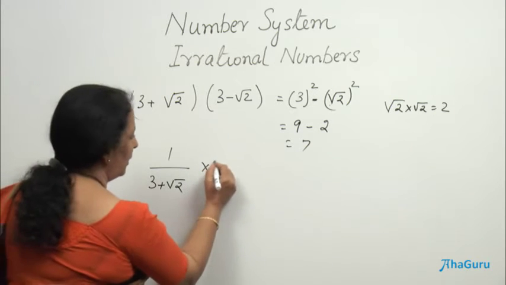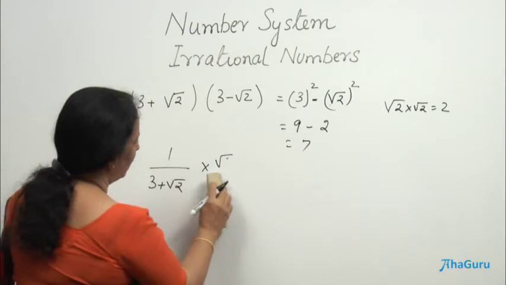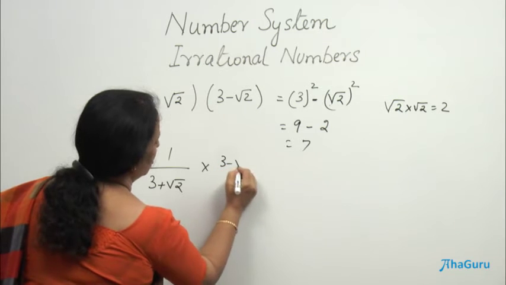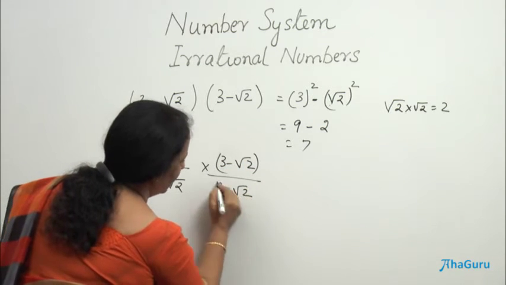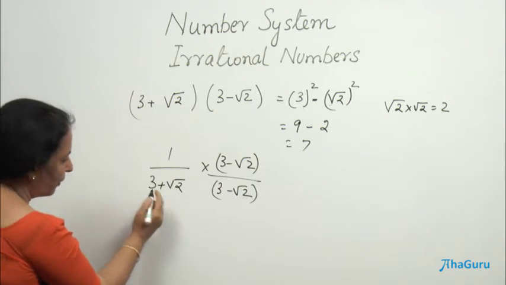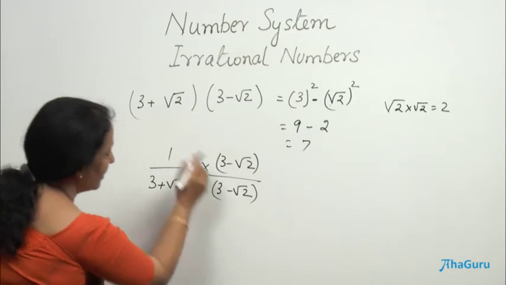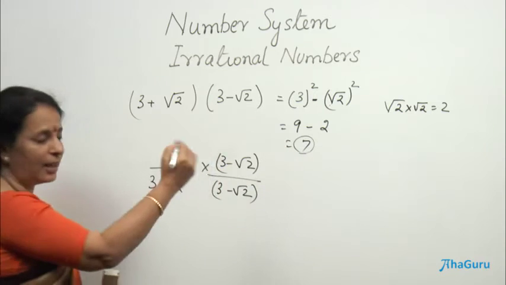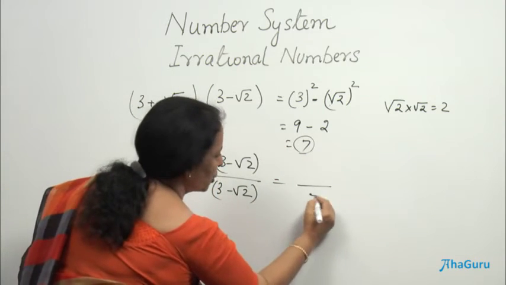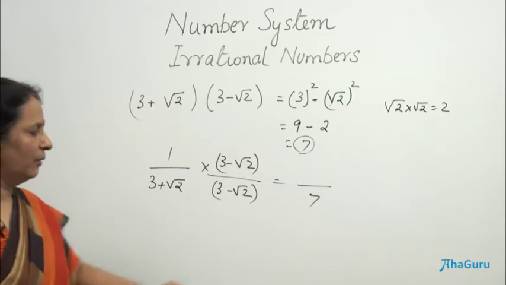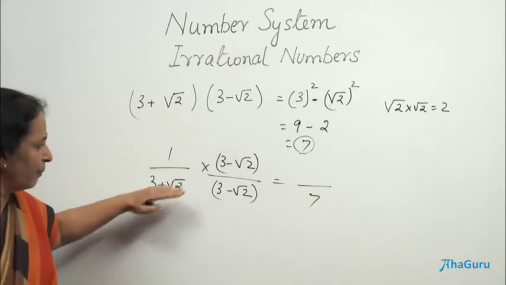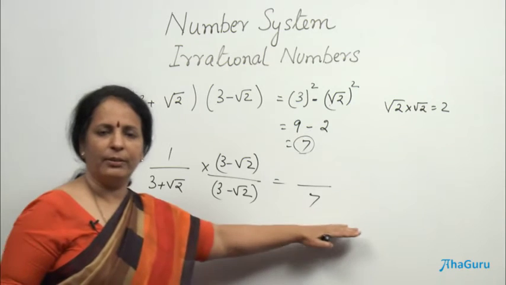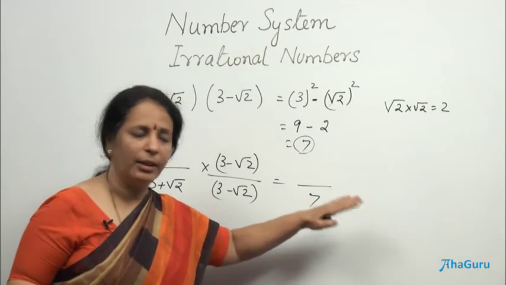So, I multiply the numerator, 3 minus root 2, and in the denominator also I multiply by 3 minus root 2. And I know very well, when I multiply this and this, the answer is 7. So, the denominator I am 100% sure is going to be 7, which has already been rationalized.